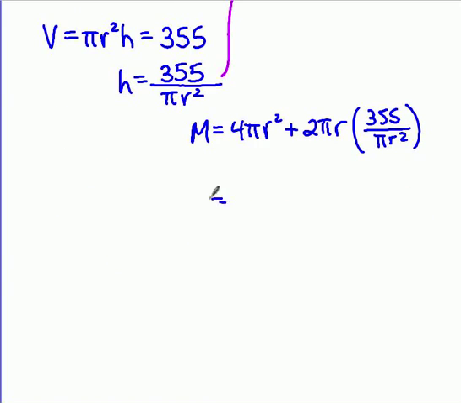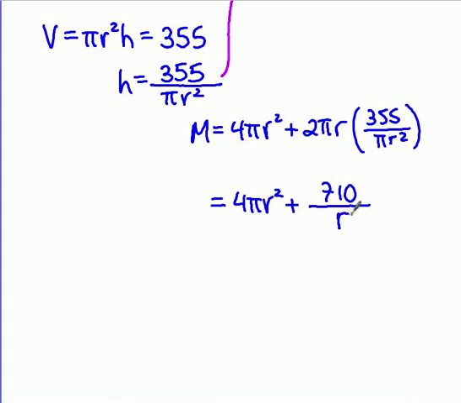It would probably make sense for us to try and clean this up as much as we can before we take the derivative. And so I can make this 4 pi r squared. And I recognize here that 2 times 355 is 710. That'll go in the numerator. The pi cancels with that pi. This r cancels one of these r's in the r squared.